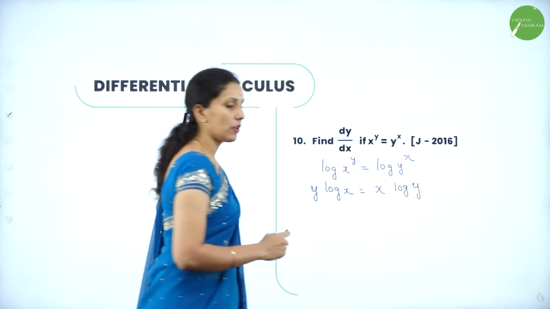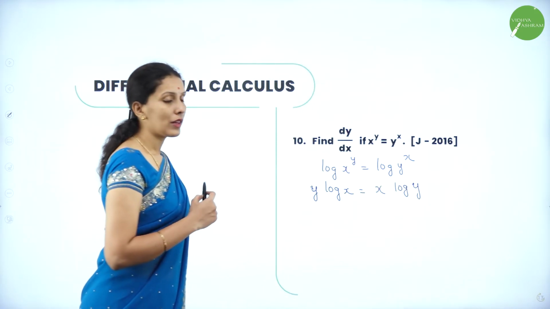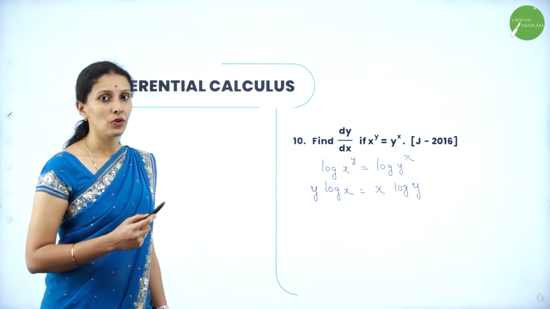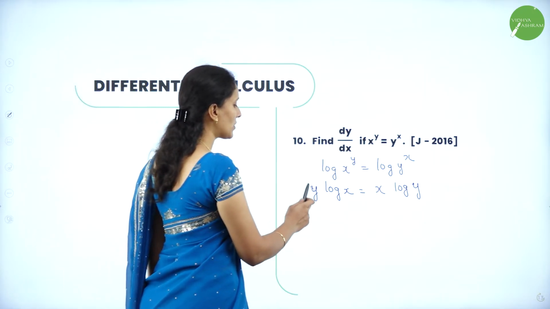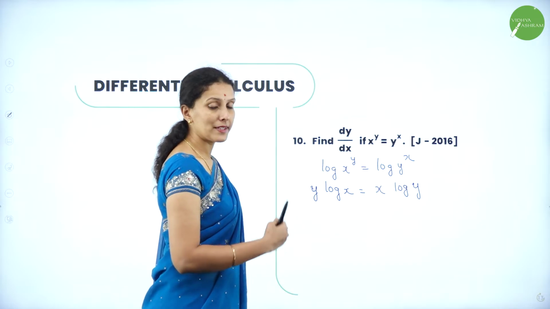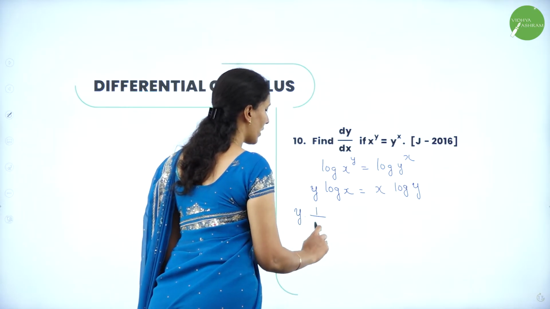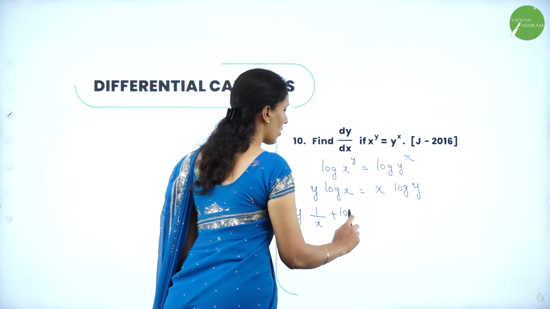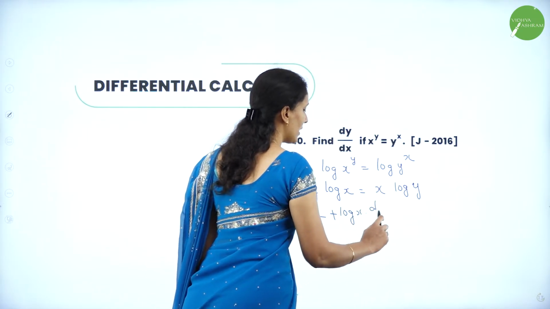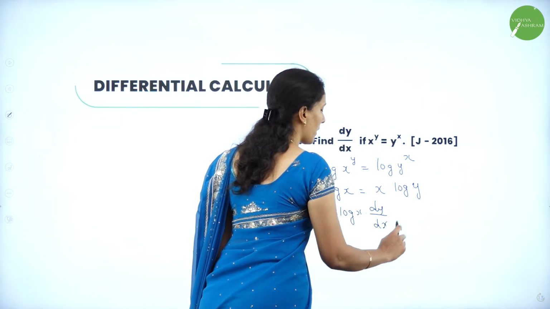Now differentiate both sides. So on both left hand side and right hand side I have to apply the product rule. So first function into derivative of second plus second function into derivative of first. y into derivative of log x is 1 by x plus log x into derivative of y is dy by dx.